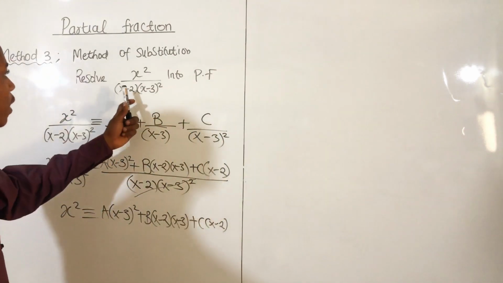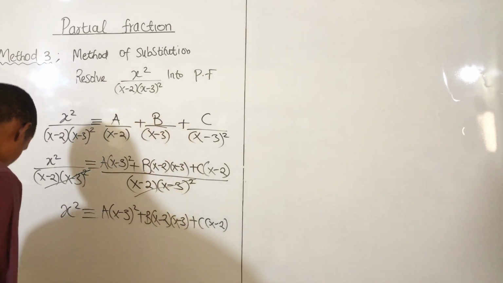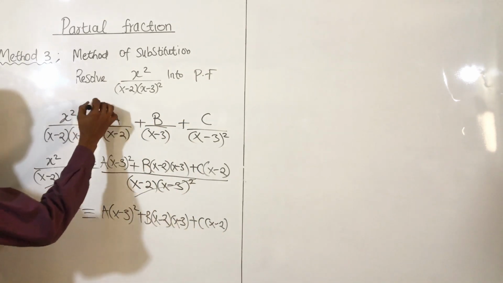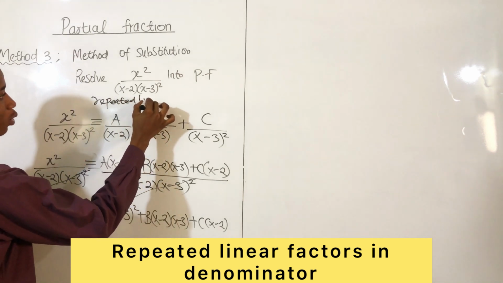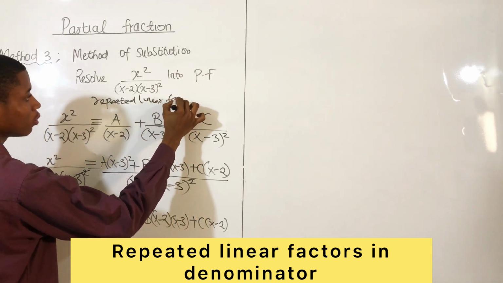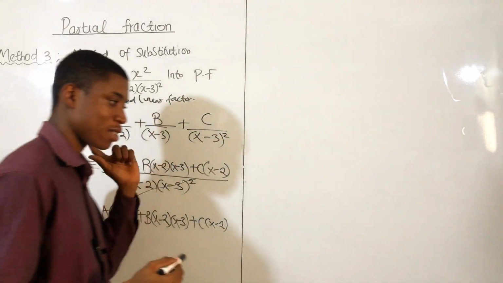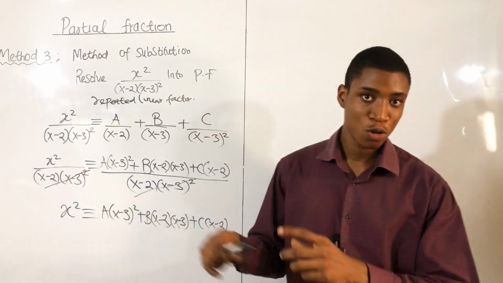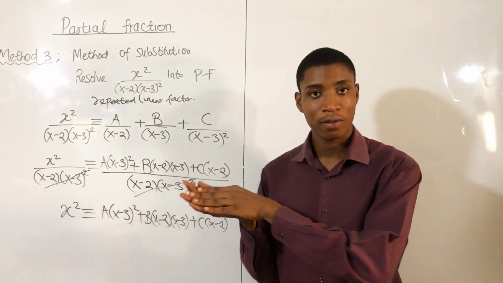Now you must note what type of fraction this is. This is called repeated linear factors. Of course, that's the type of partial fraction. You must note some of these steps. This is one of the types of fraction.